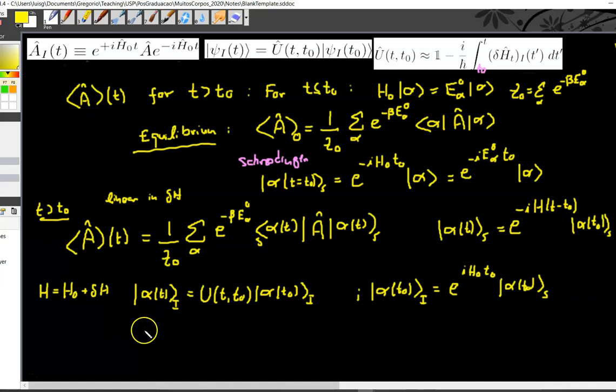So an operator in the interaction picture is given by e^{iH_0 t} A e^{-iH_0 t}. So it evolves with H naught, which we know, right? At least we know the spectrum. Okay, so now this is all interaction picture.